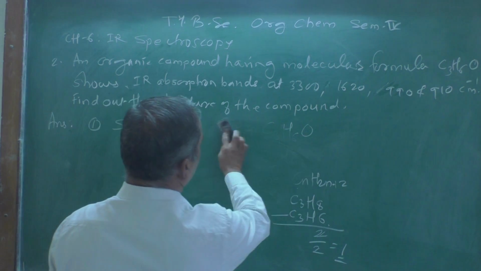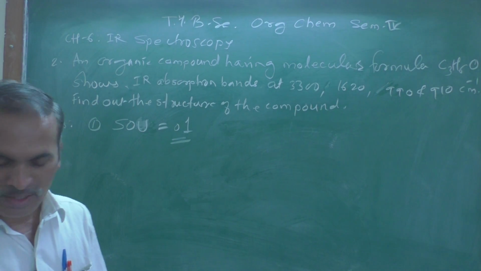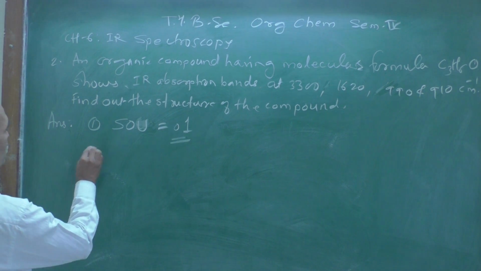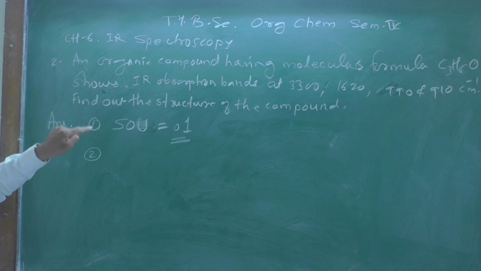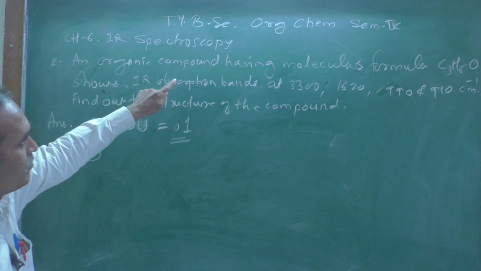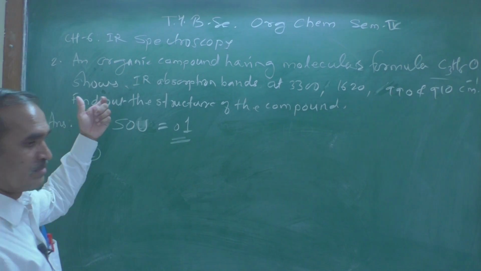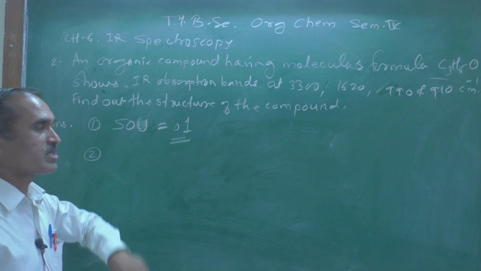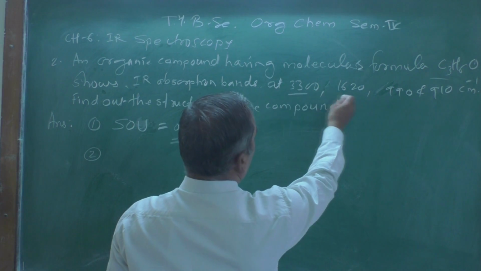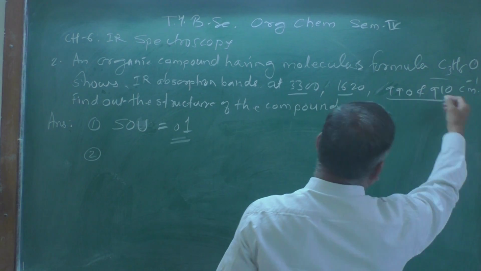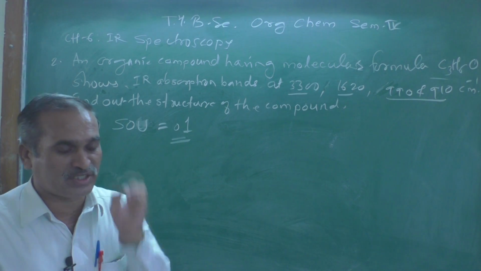Now let us see the second point, which is another one. Look here, what you have to write. If you read this, an organic compound having molecular formula C3H6 shows, indicates or suggests IR absorption bands at these values. What do these IR absorption bands suggest?